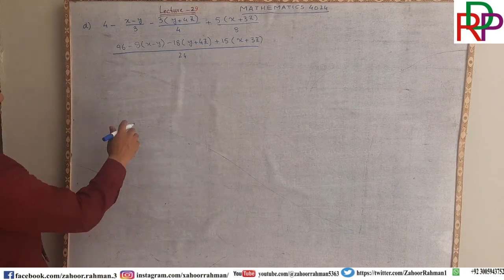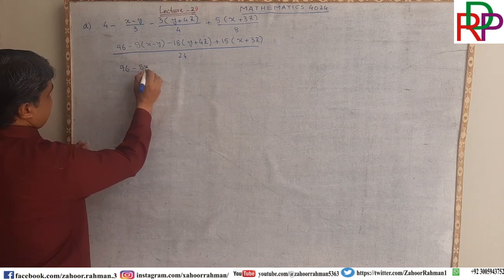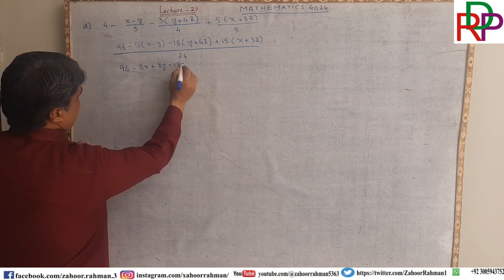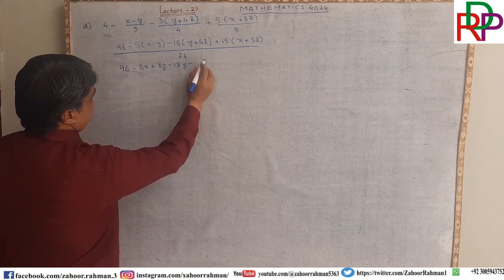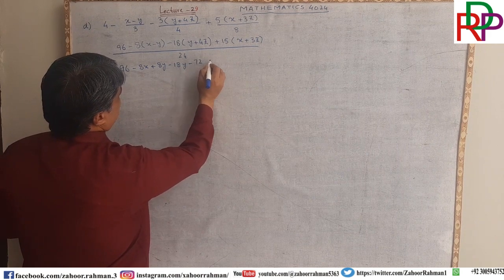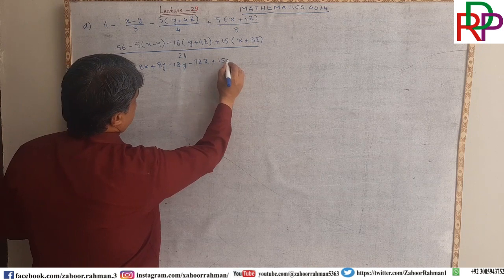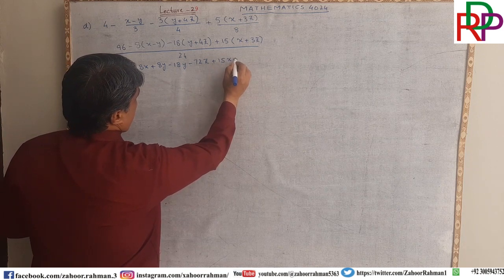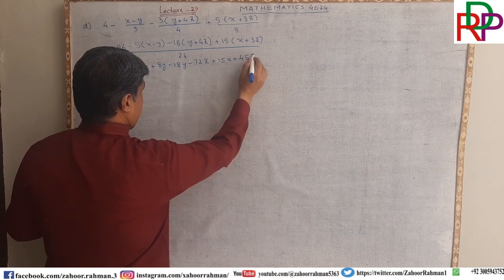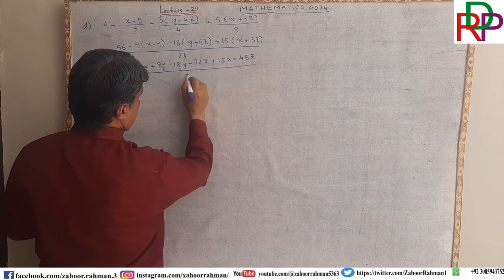Now I have to open this: 96 minus 8x plus 8y minus 18y minus 72z plus 15x plus 45z and whole divide by 24.